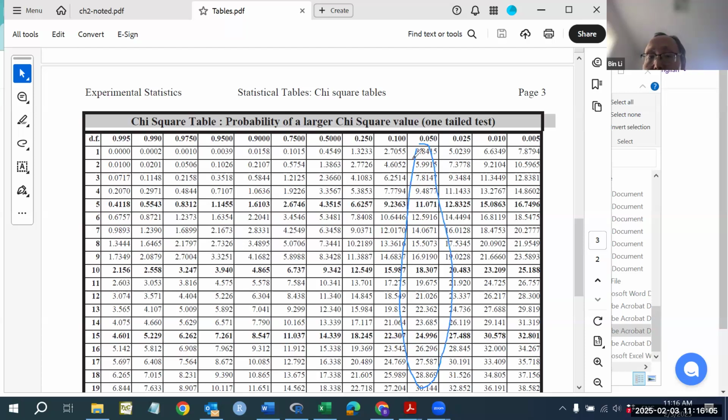If the degree of freedom is 1, the threshold is 3.84. That means if you have 3.84 or larger, you will have a significant result. But if we have more degrees of freedom, the threshold becomes higher and higher, which means it's more and more unlikely to reject the null hypothesis. So that's another reason why the power is higher for the M-squared test.